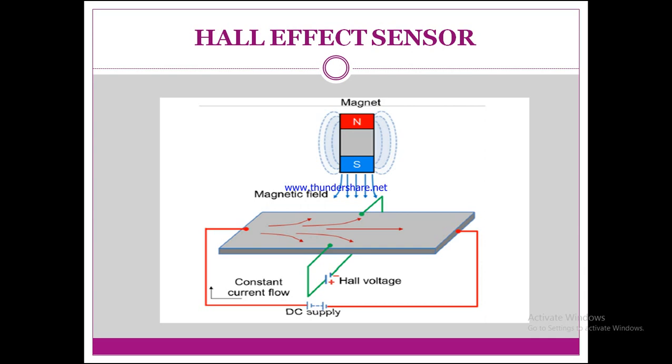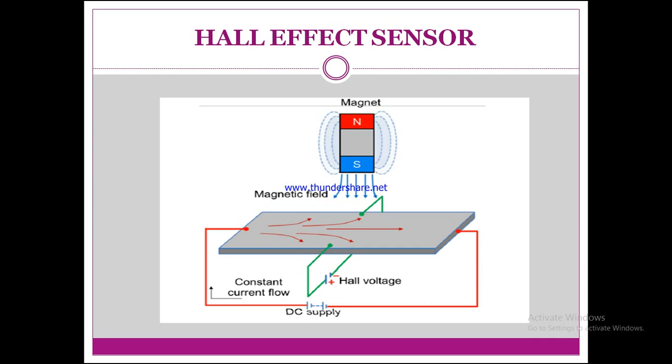The constant current flow, that is DC current, should flow with the help of the power supply, according to the DC power source. Now, for the same plate, we can apply a magnetic force on that plate.